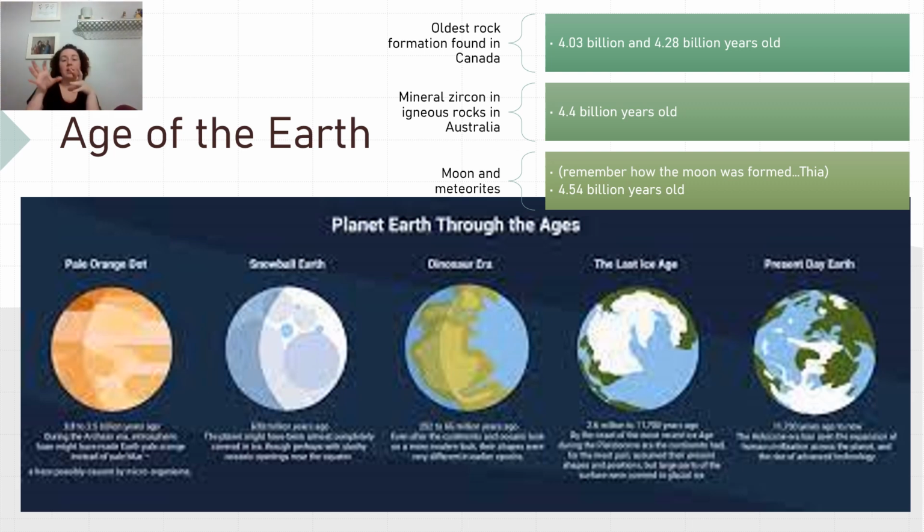So the moon would be slightly younger than our Earth, just because obviously our Earth had to be solidified before an impact from an asteroid actually mattered. So we are really, really confident in being able to say that our Earth and our universe is actually 4.6 billion years old. Now we take that 4.54 and round it up to 4.6. It just rolls off the tongue a little bit easier.